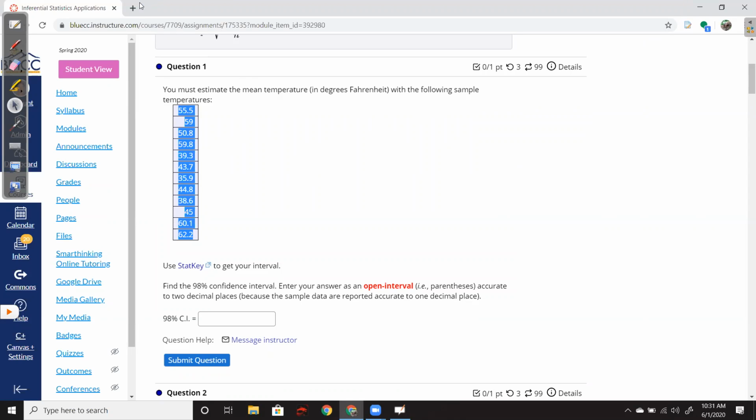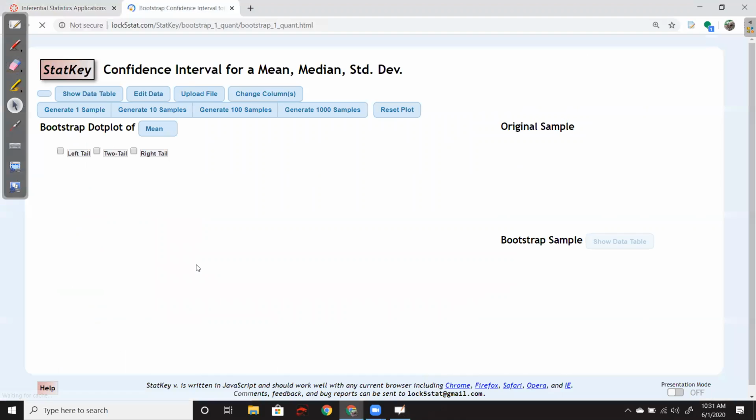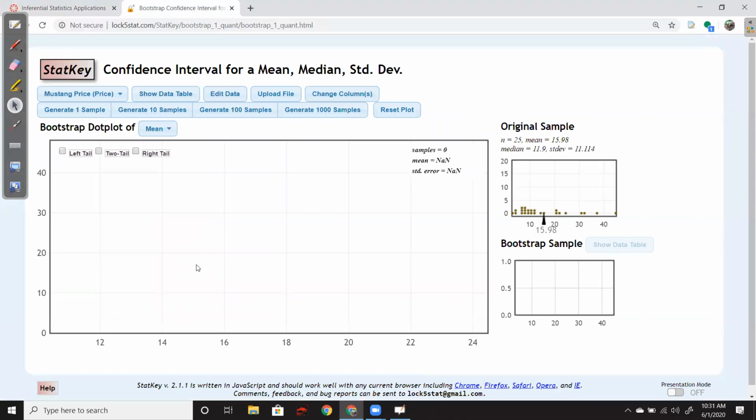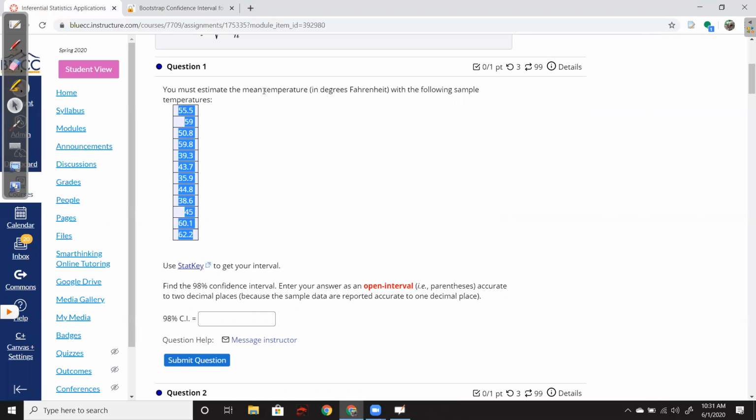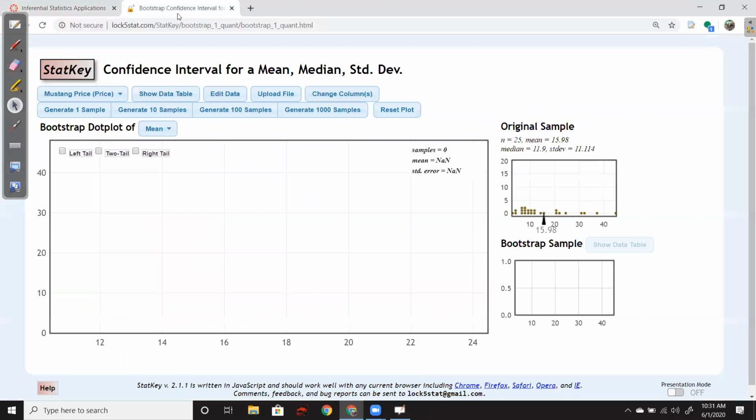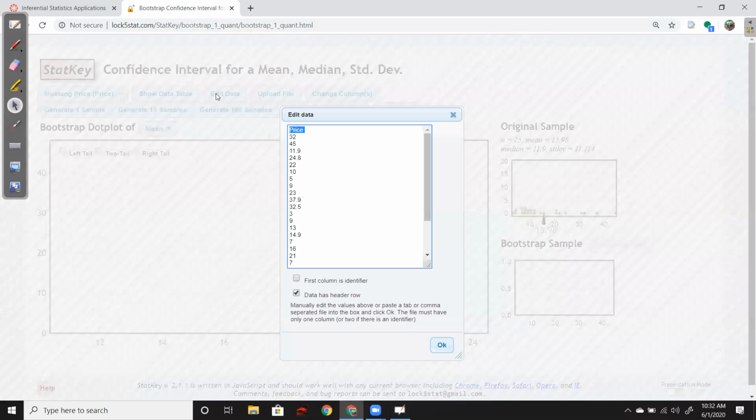StatKey. Oh, I had a link to it right there. And confidence interval for a mean, right? We're definitely doing a mean here. Make sure we're on the right page. And edit data, and hopefully I copied that correctly, and it will just paste in there. Didn't copy it correctly. Try that again.